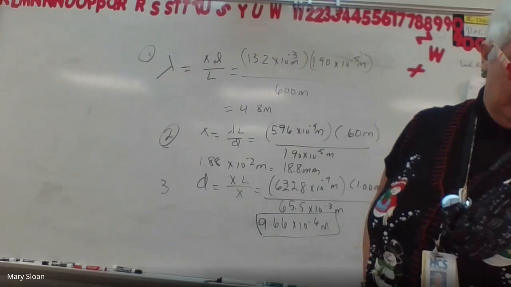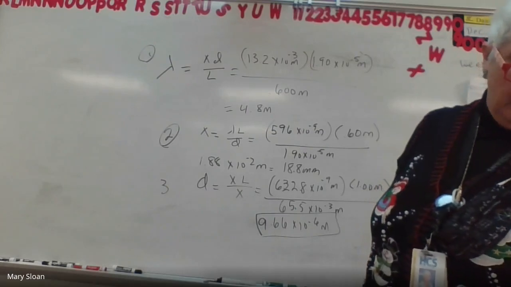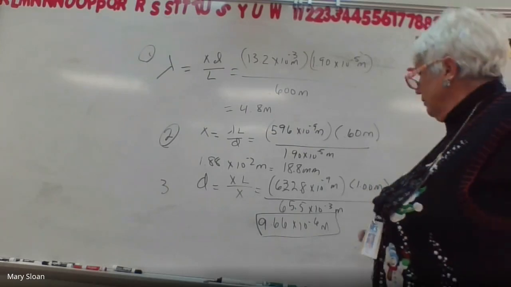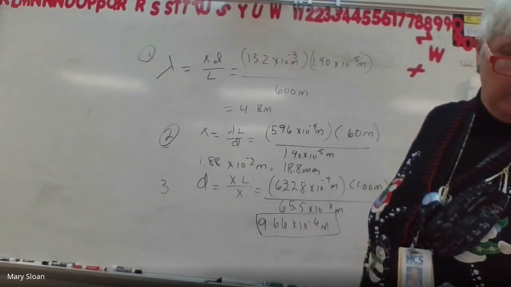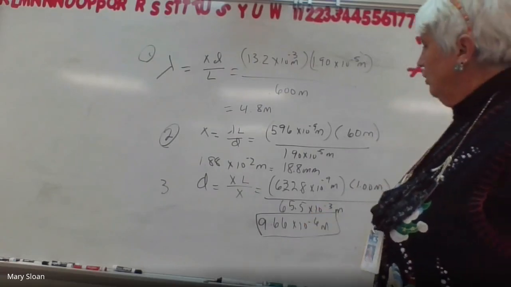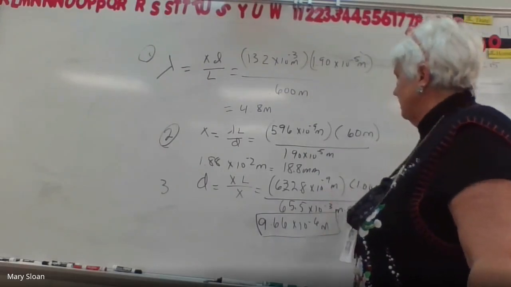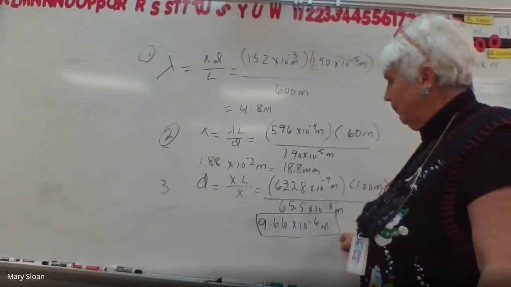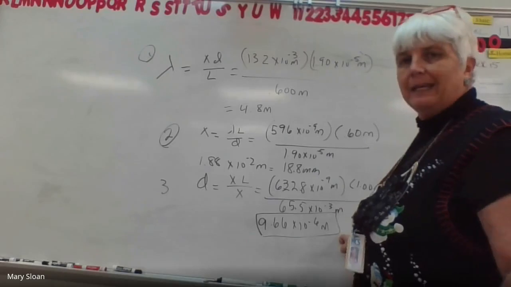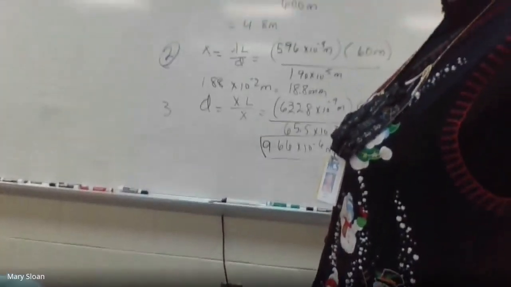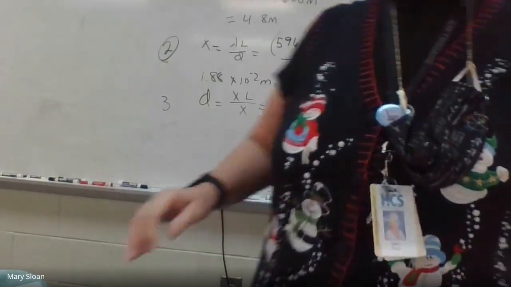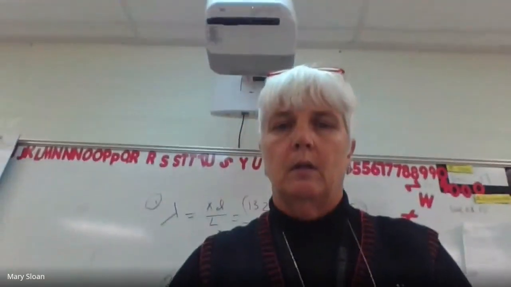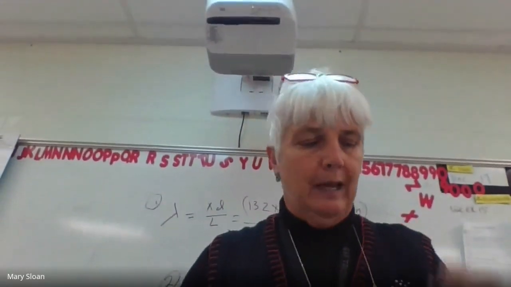It says the first bright band is at 65 millimeters, which I changed to meters. And it's asking us what the slit separation is. So you would take this number times this, divided by that, and you should get 9.66 times 10 to the negative 6. Okay, so I hope this helps you out.